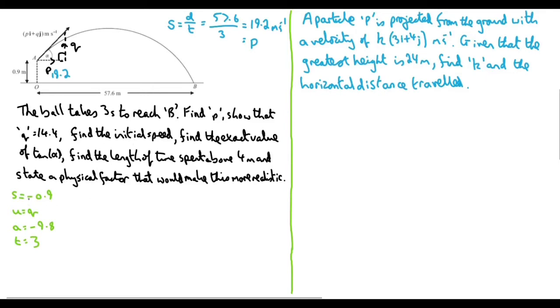So we're going to be using s equals ut plus half at squared, but we're going to have to rearrange. The arrangement we're going to use is u equals s minus a half at squared, all over t. Plugging in the values, that gives us q equals minus 0.9, minus a half a, well, minus becomes a plus, so plus 4.9 times 3 squared for your time, over, again, that time of 3.